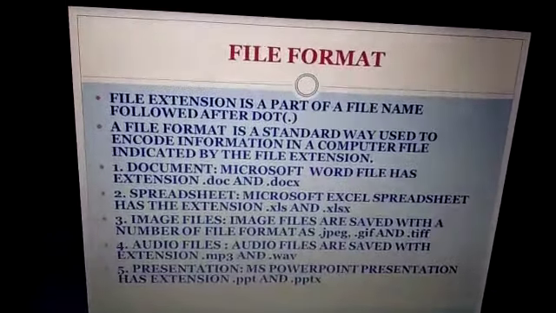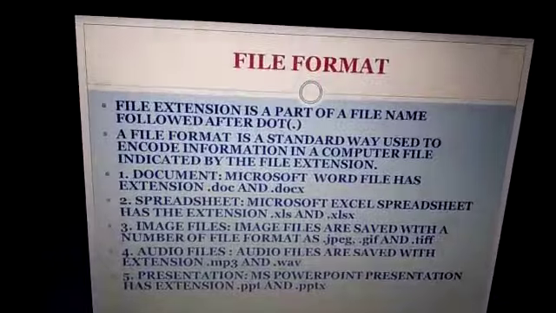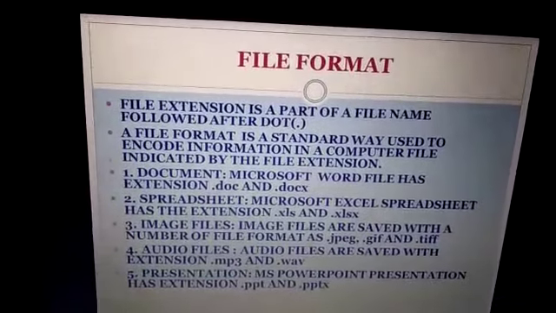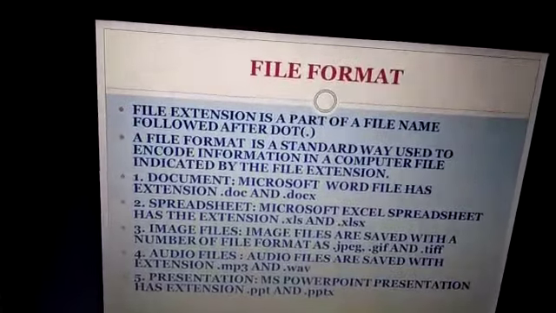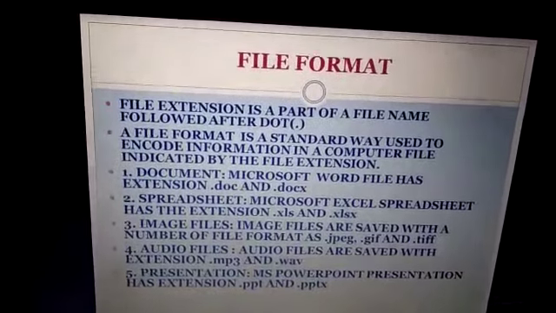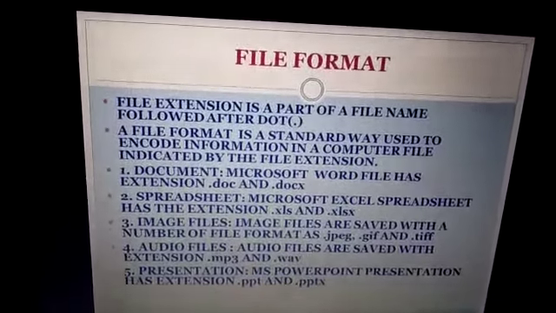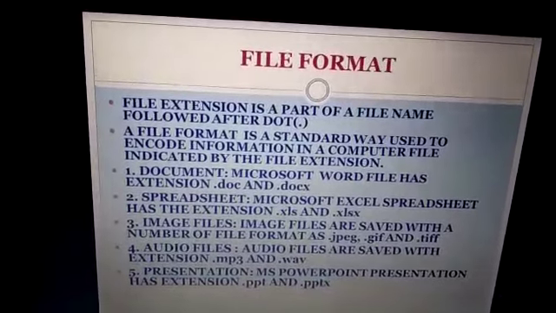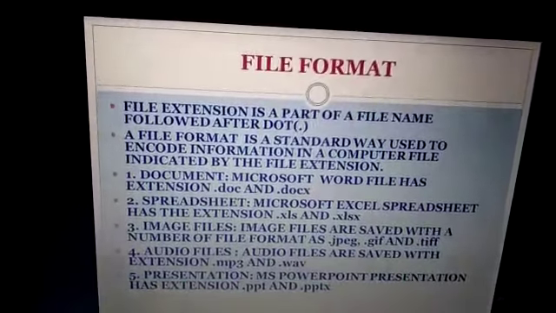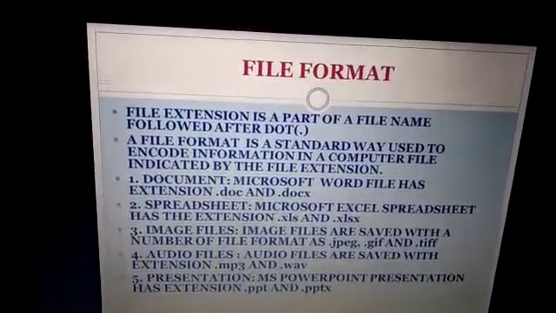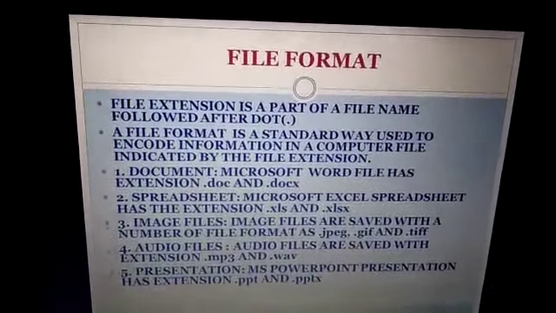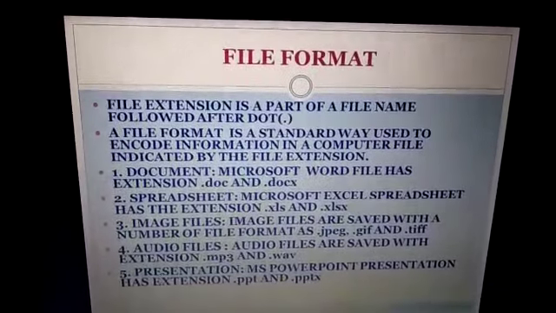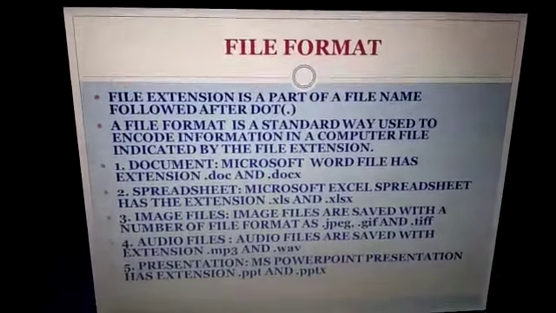Document is used for Microsoft Word and has the extension .doc and .docx. Spreadsheet is known as Microsoft Excel and has the extension .xls and .xlsx. For image files, the extensions are .jpeg, .gif and .tiff.